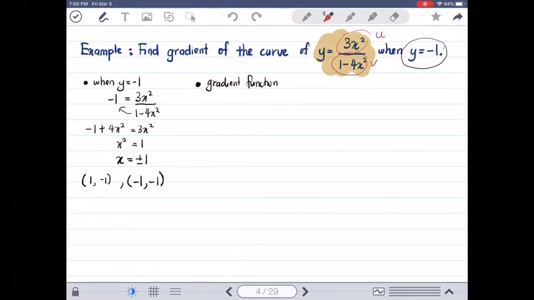Okay, so u is equal to 3x squared, which means that u prime is just equal to 6x. v is equal to 1 minus 4x squared, so v prime is equal to negative 8x.